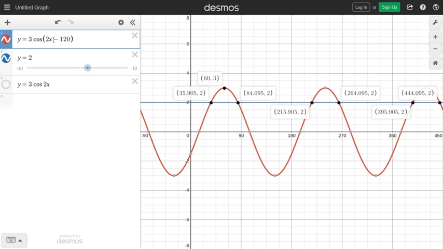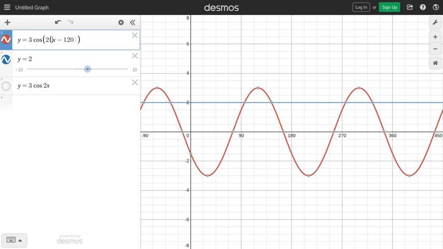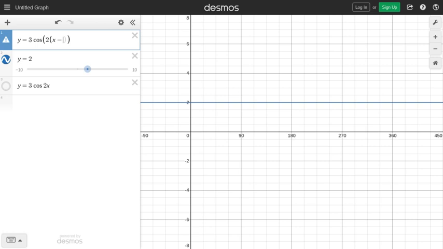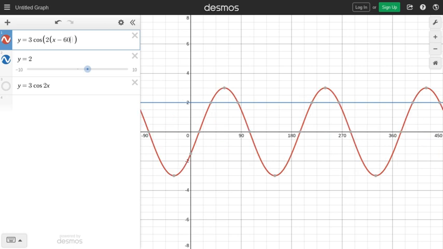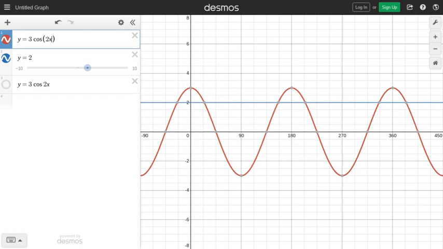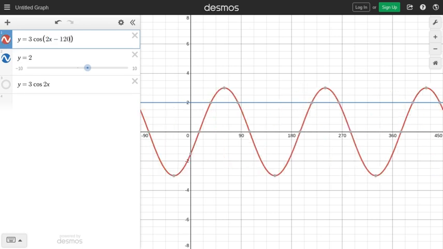So remember from the functions and graphs chapter, we actually need to take out a common factor of 2 to find out the shift. So that's why it's only moving 60 degrees along. cos(2x − 120) is just the same as cos 2(x − 60). So that's why it's only moving 60 degrees to the right. Always worth mentioning that to remind you.